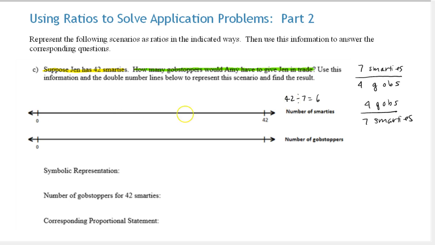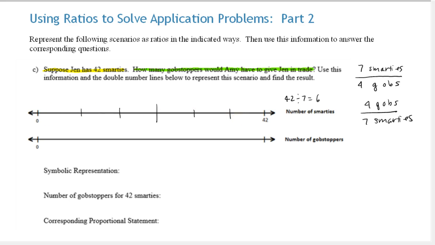So let me cut this into 6 equal parts. I'm going to start by cutting it in half, and then I'm going to cut the halves into 3 equal pieces to make 6 pieces. Okay, and now I'm going to double check. So notice this is 1, 2, 3, 4, 5, 6 equal intervals.